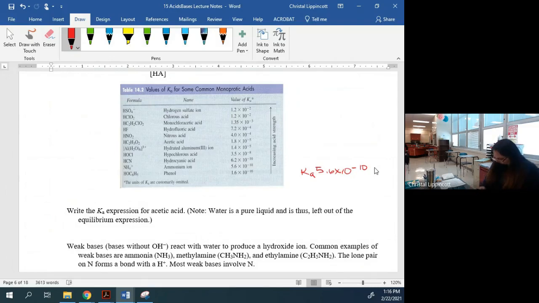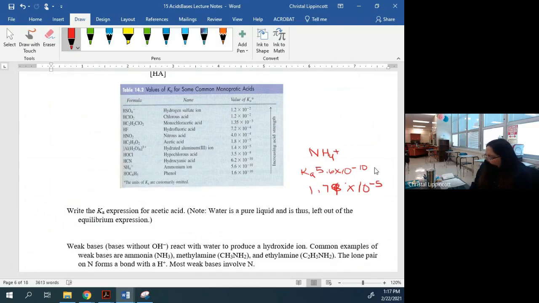So if I want to know the Kb for that, that would be Kw divided by 5.6 times 10 to the negative 10. So the Kb for that, for the NH4, would be 1.789 times 10 to the negative 5.